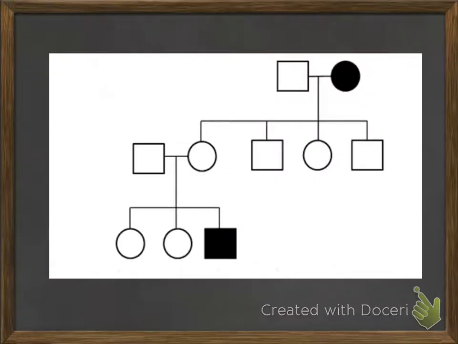So now if I'm working through a pedigree, I can tell right away that this is recessive, just by how it skips certain generations. So I should include that it's a recessive trait. I should also include what trait I'm looking for. So it could be earlobes, and I'm looking for attached. And so I have my title.